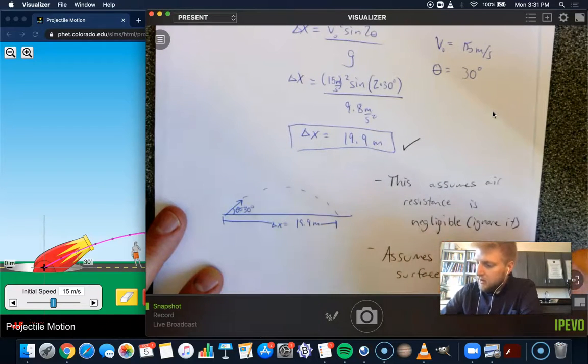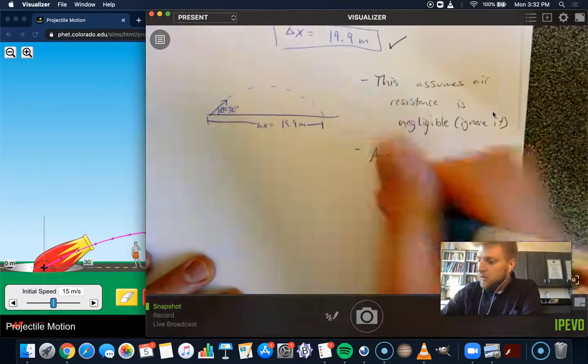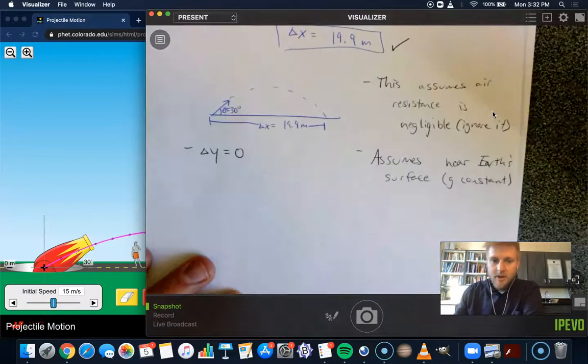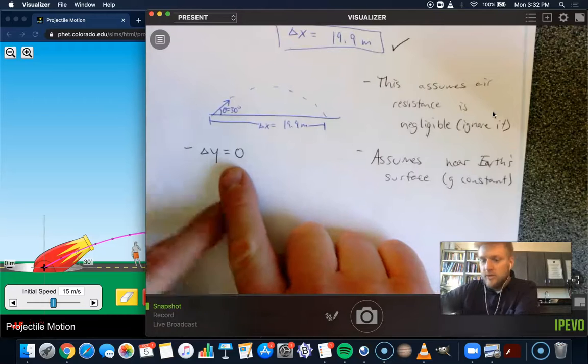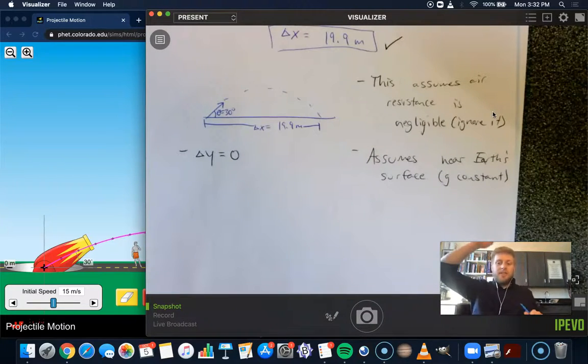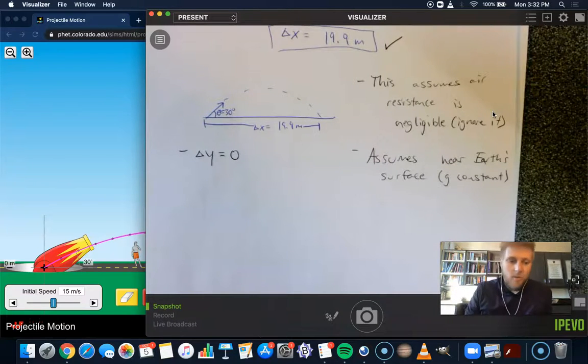That makes g a constant. g will change if you go too far away from the surface. The final thing that we assumed here, which is critically important, is that delta y is 0. If you have a situation where this is not true, so for example, if you launched off the top of a cliff and landed way down here, this equation would certainly not work.